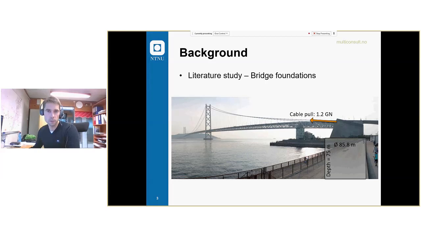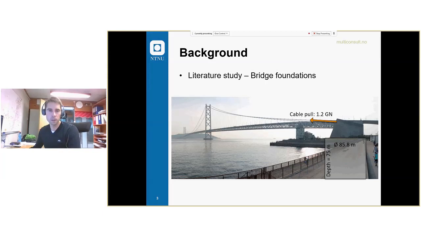This foundation is a gravity structure of about 85 meters diameter and 75 meters deep. So we can conclude that you will require quite large foundation structures to hold these forces.